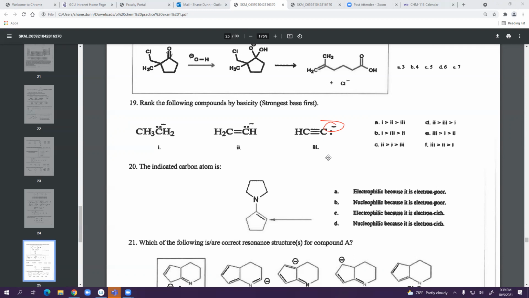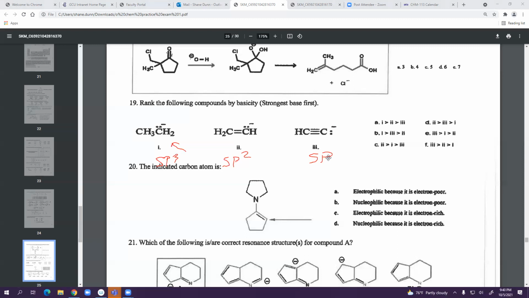I would do the strongest base, my bad. So that'd just be going up. Oh, never mind. Let's look at it this way. Let's look at hybridization because they're all 1, 2, 3. Because they're all negative charges, right? What's the hybridization of this guy right here? sp3, sp2, sp.